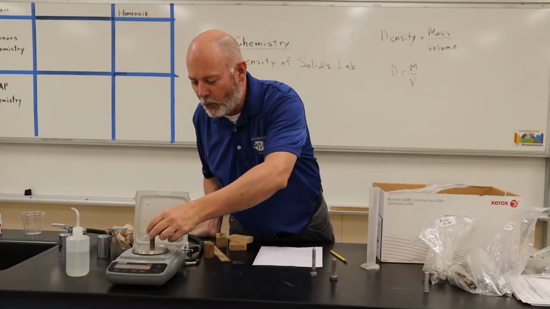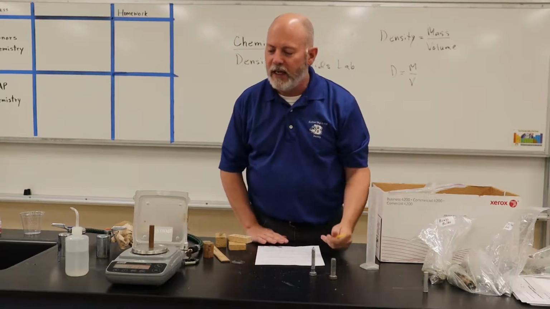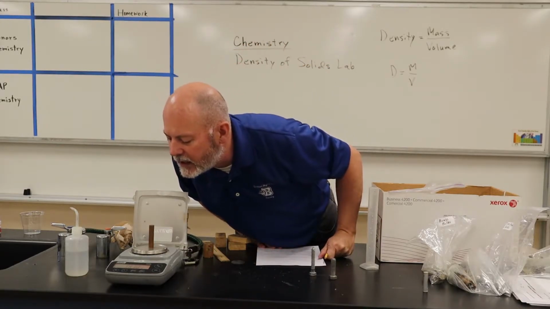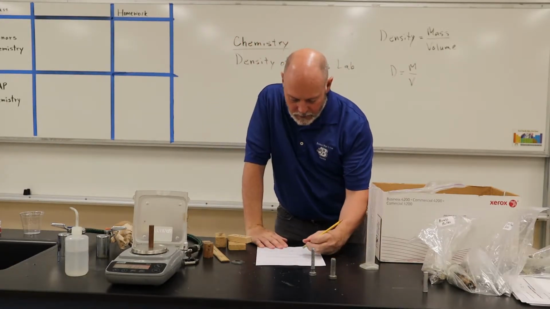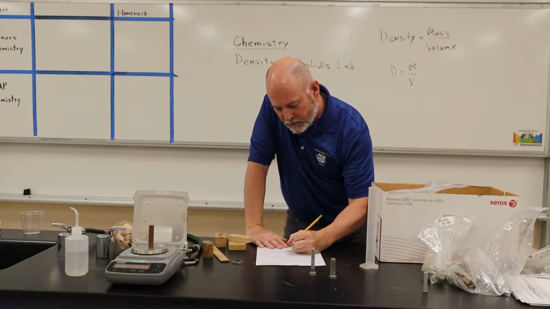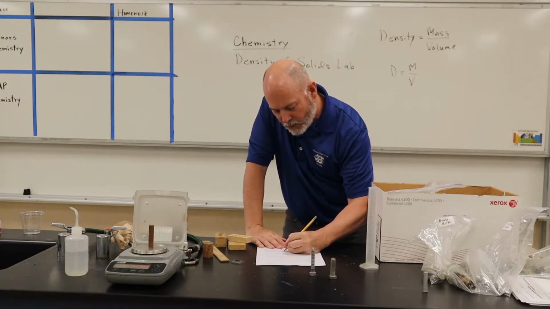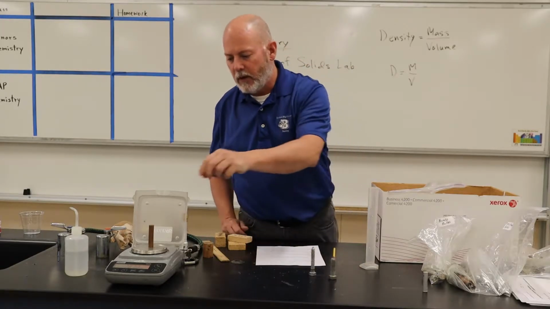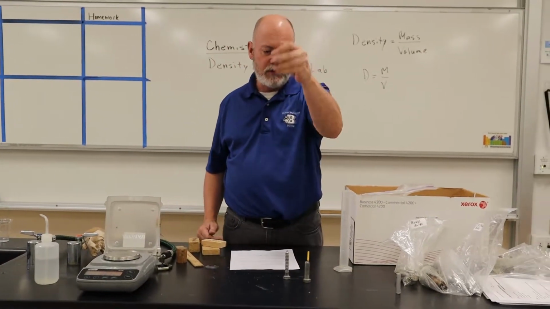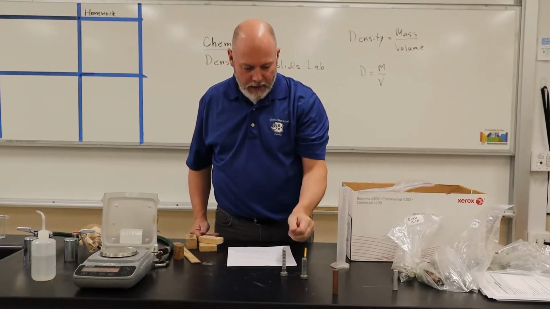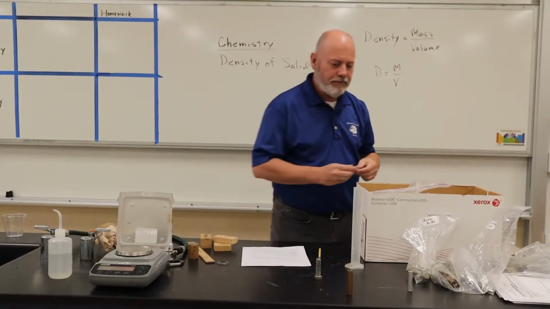Okay. So I'm going to weigh the piece of copper. So mass, that one is 78.70 grams. All right. And then, you know what? I'm going to put this aside. I'm going to do the volume in a minute. Let's go on to the iron.